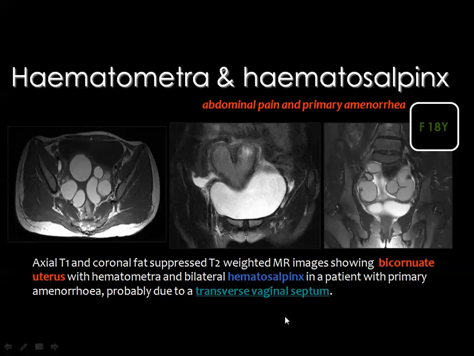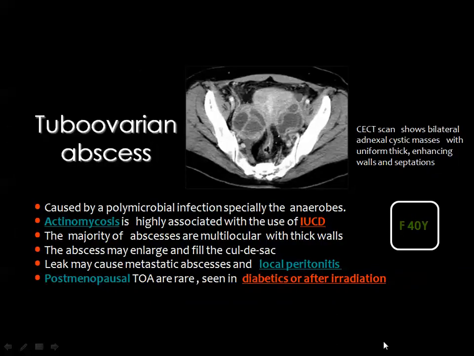And this is suspected to be due to the presence of a transverse vaginal septum that prevented the blood of the menstrual period to come out, and it is retained in the uterus as well as in the tubes.